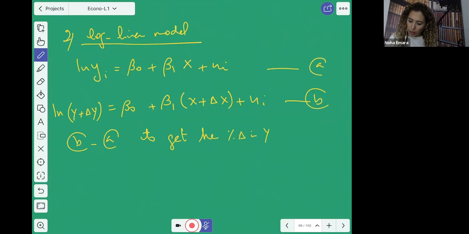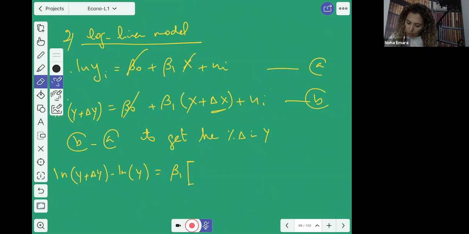So if I subtract this part from this part, then it's going to be, okay, log y plus the change in y minus log y equals, beta naught is going to cancel with beta naught. Then I'm going to have beta 1 multiplied times x, right? I'm left with the change in x, or the delta x.